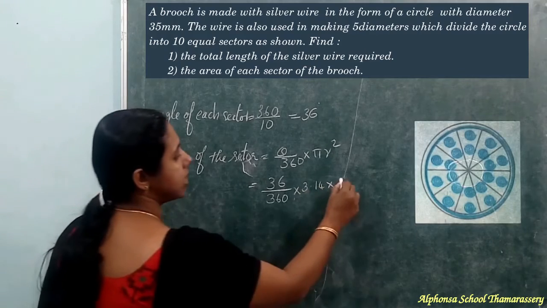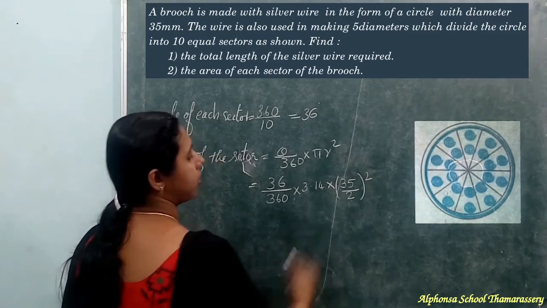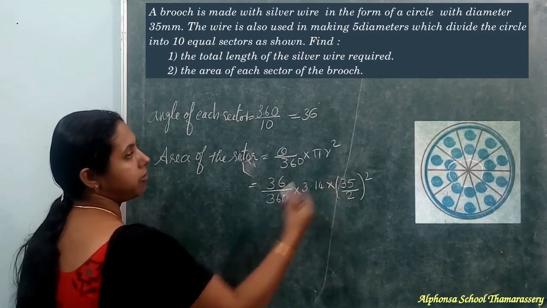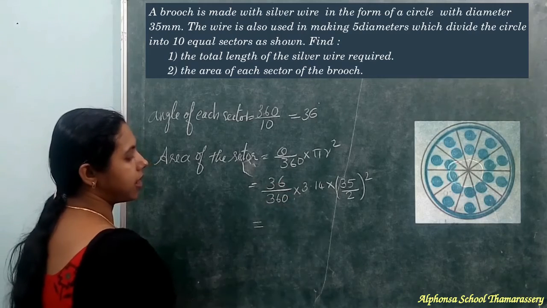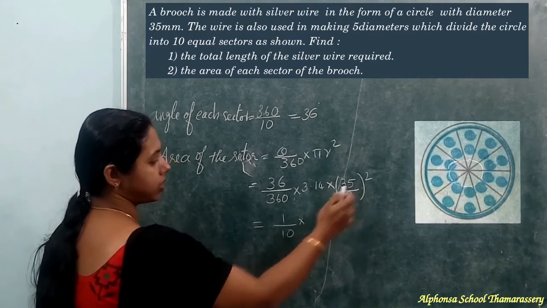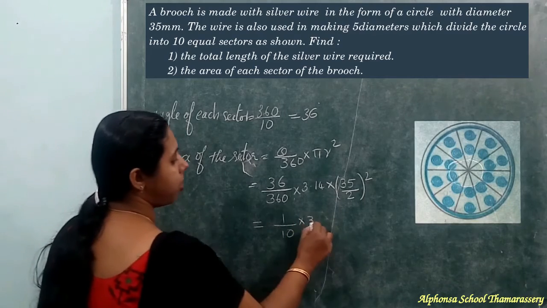Radius is equal to 35 by 2 whole square. You can better use 22 by 7 here, then it will be cancelled. Here 36 by 360 is 1 by 10. So 1 by 10 into pi r square, 1/10 of the whole area of the circle.